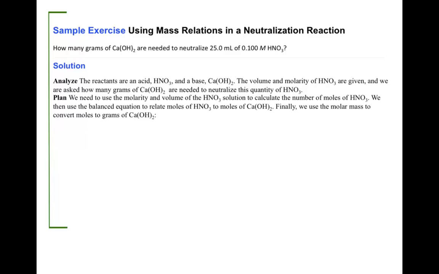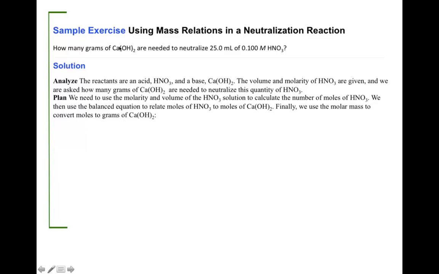So what will be the plan? We need to use the molarity and the volume of HNO3 solution to calculate the number of moles. Remember that molarity is moles over volume. So we have the volume of that solution, this is 25 mL of the HNO3. By using those two pieces of information, we obtain the moles of nitric acid, HNO3, and then we need to transform those moles of HNO3 to moles of calcium hydroxide.